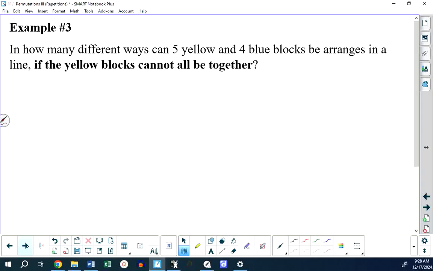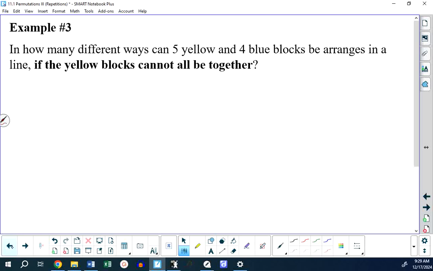The only way to find out how many ways something cannot happen in this unit is to find out the total number of ways anything can happen and subtract how many ways that thing can happen that you don't want to happen. If I said to you, how many people in the room don't wear glasses, you could just take the number of people in the room and subtract the ones who do wear glasses. Wouldn't be a very efficient way of answering the question, but it would be true.